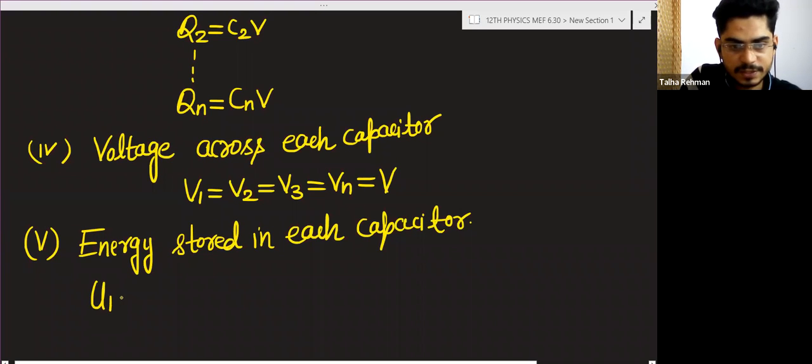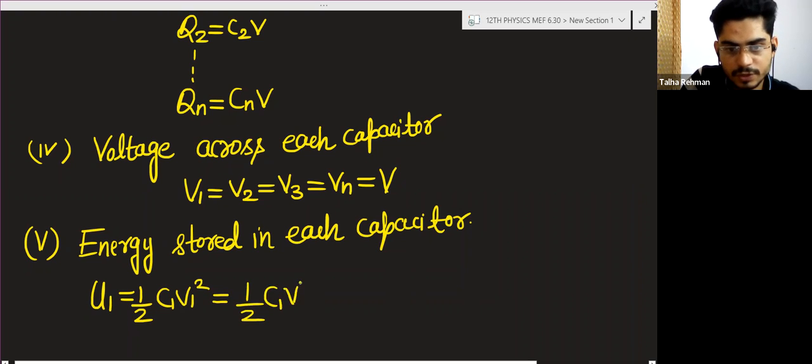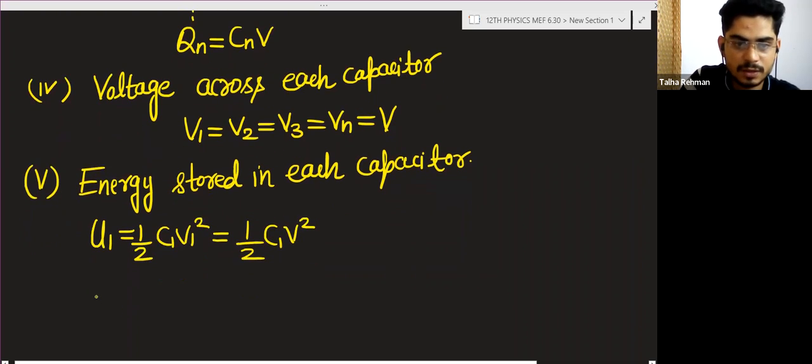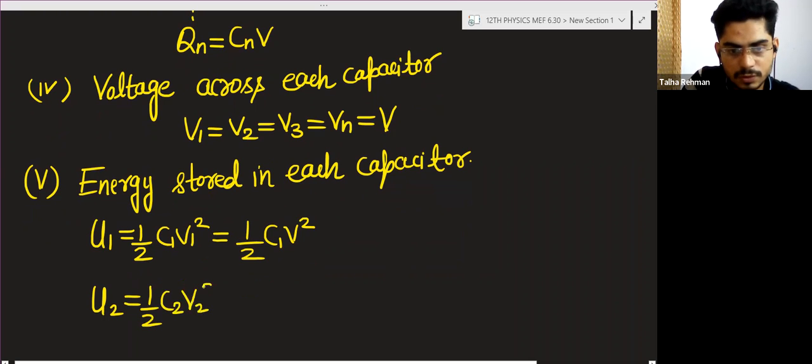Energy stored in capacitor 1 is equal to half C1 into V1 square, and this will equal half C1 into V square, because V1 is equal to V. For U2, half C2 V2 square, so I can write half C2 into V square.